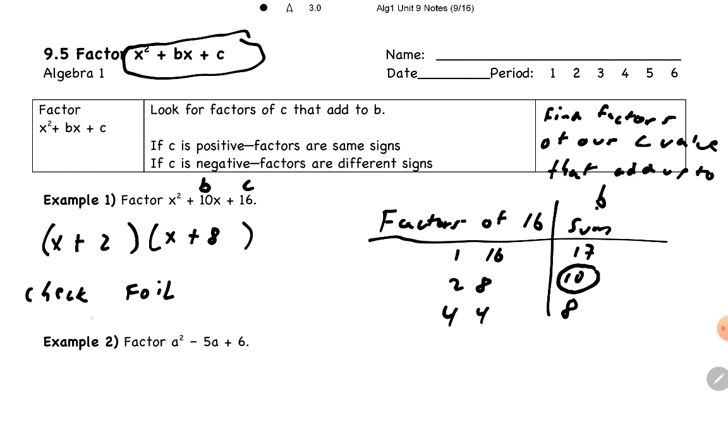First numbers, which are x and x, which is x squared, plus outside numbers, which is 8x, inside numbers, which is 2x, and last numbers is 2 times 8, which is 16. This becomes x squared plus 8x plus 2x, or plus 10x plus 16, which matches my original problem.